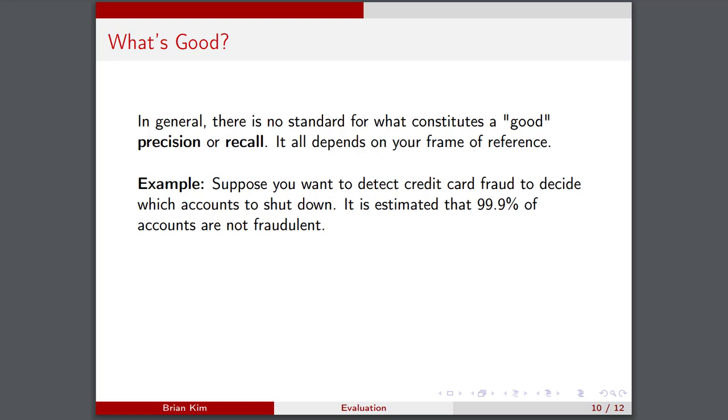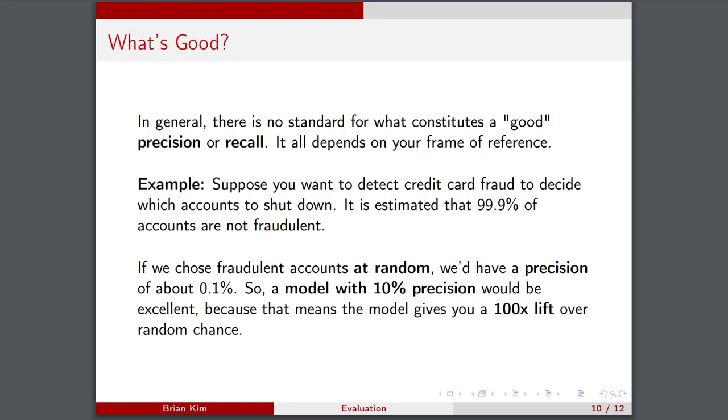So let's take an example of the same thing that we looked at before, the credit card fraud. If we think about this case, if we chose fraudulent accounts at random, let's say we just chose 100 random accounts or 1,000 different random accounts, we'd have a precision of about 0.1%. And this is because there's 99.9% not fraudulent accounts, right?